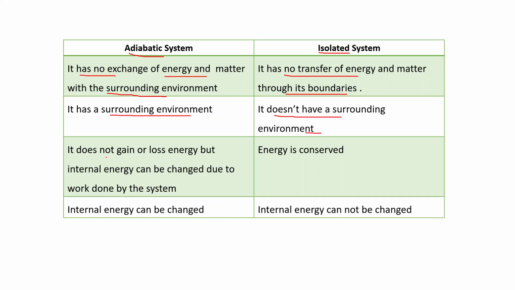In case of adiabatic system, it does not gain or lose heat, but internal energy can be changed due to work done by the system. But in case of isolated system, energy is conserved. In adiabatic system, internal energy can be changed, while in case of isolated system, internal energy cannot be changed.